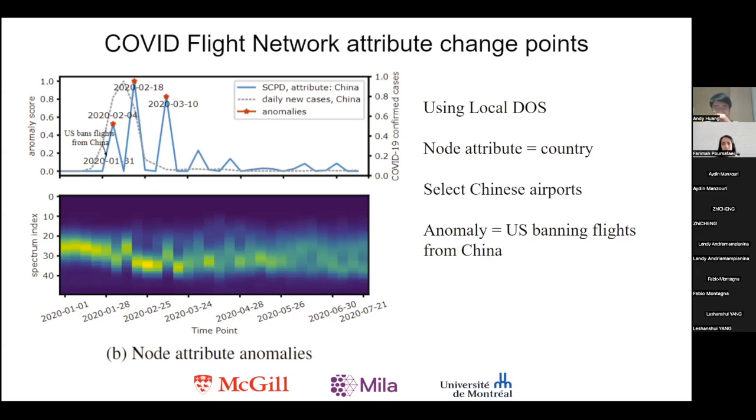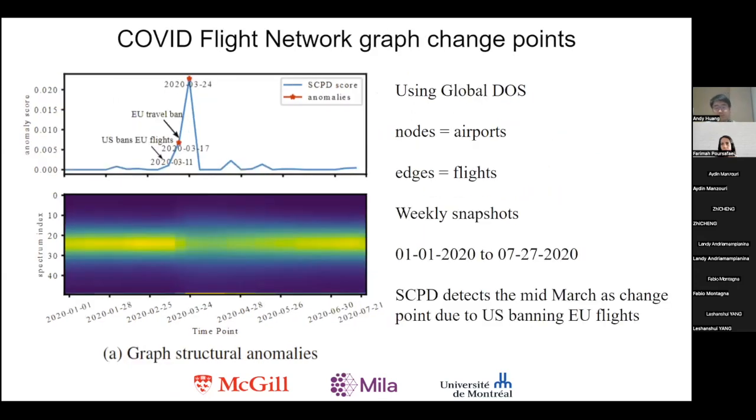Okay, great. Another question is that I have seen in your article, you propose this SCPD, right? You leverage the density of states, the DOS framework, to prominently capture the spectral density.